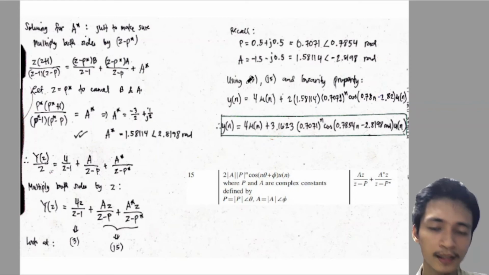So using number 3, number 15 formula and the linearity property, we have this y of n, a very lengthy one, and the final expression for y of n is equal to 4 u of n plus 3.1623 times 0.7071 raised to the power of n cos(0.785n minus 2.8198 radian) multiplied by u of n. This one is just based on this one, so if you just substitute those values, we get this expression for the inverse of Y of z.